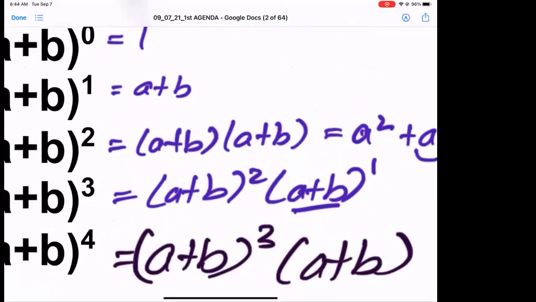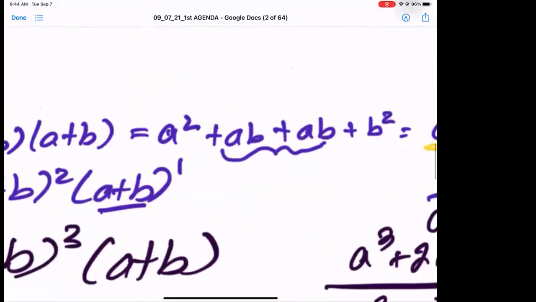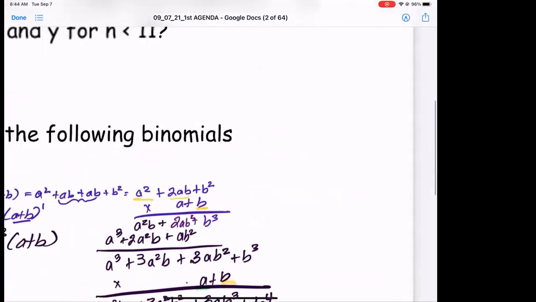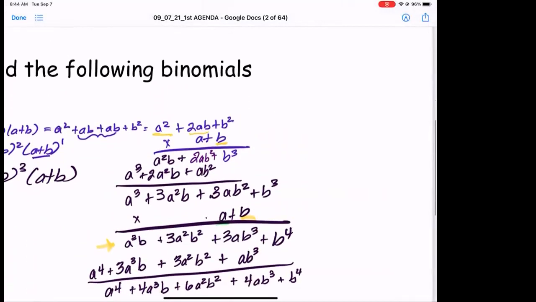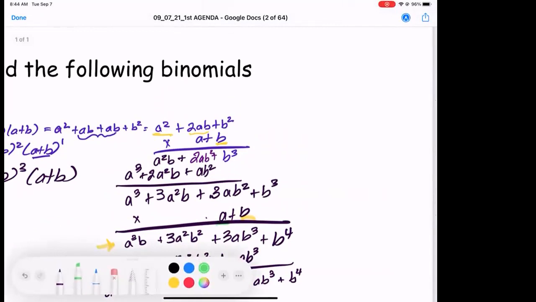What were our coefficients of the A and the B term? 1. So then what are our coefficients when we raise it to the second power? It's this line right here.